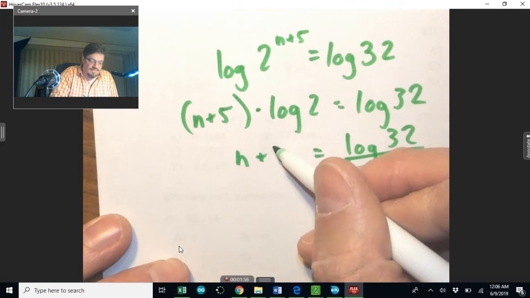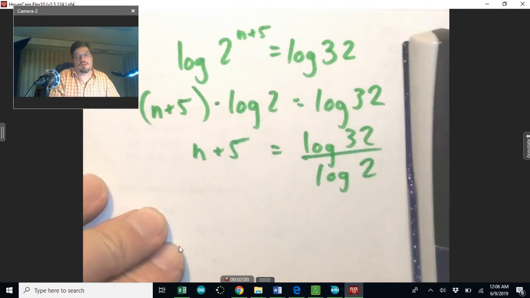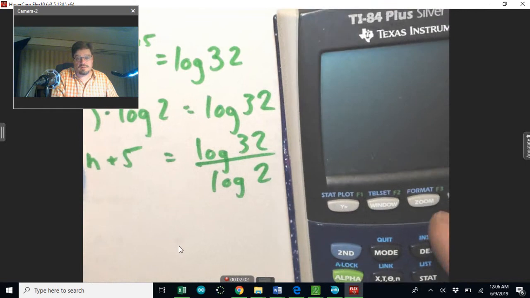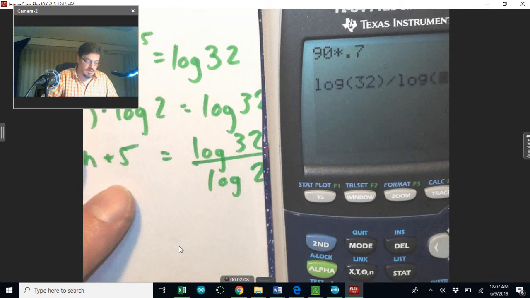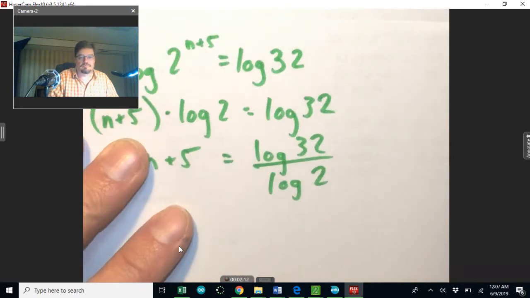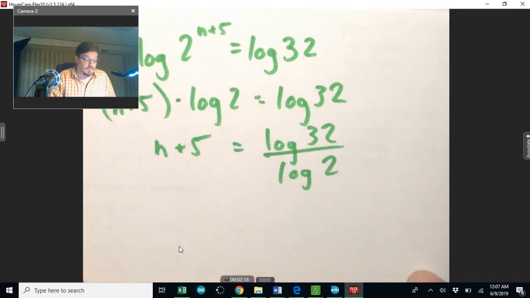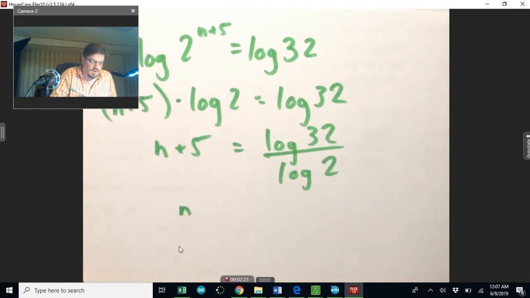Okay, now you have n plus 5 over there. All right, now I do not know what the log of 3.2 divided by the log of 2 is, so I will calculate it.